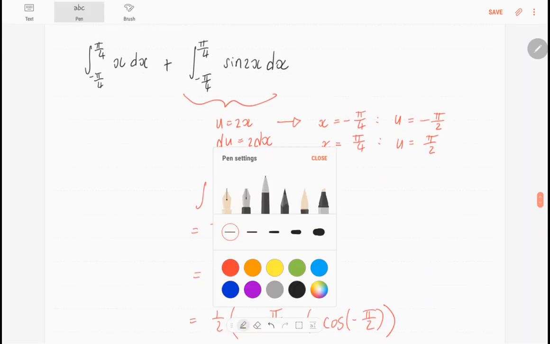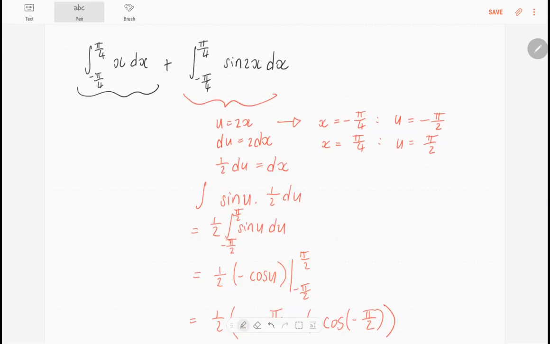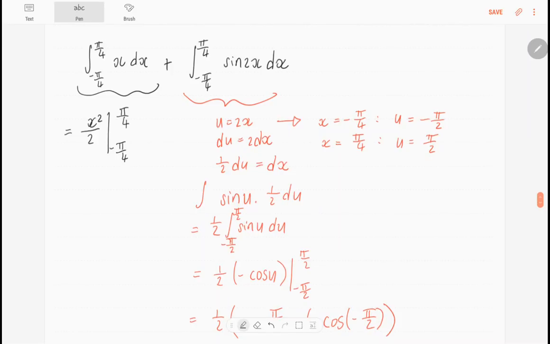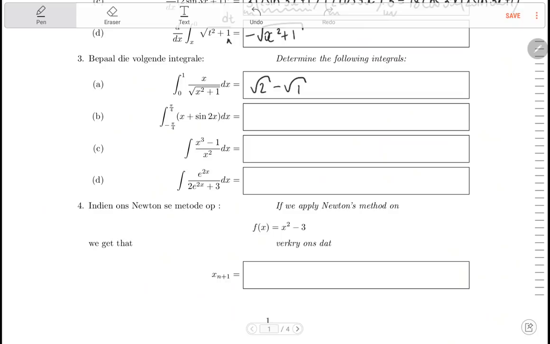So we basically only have to work out our first part of the integral now, which is going to be x squared over 2 between minus pi over 4 and pi over 4, which is going to give us pi over 4 squared over 2 minus pi over 4 squared over 2. And that is 0. So we have 0 plus 0, so our answer is 0.